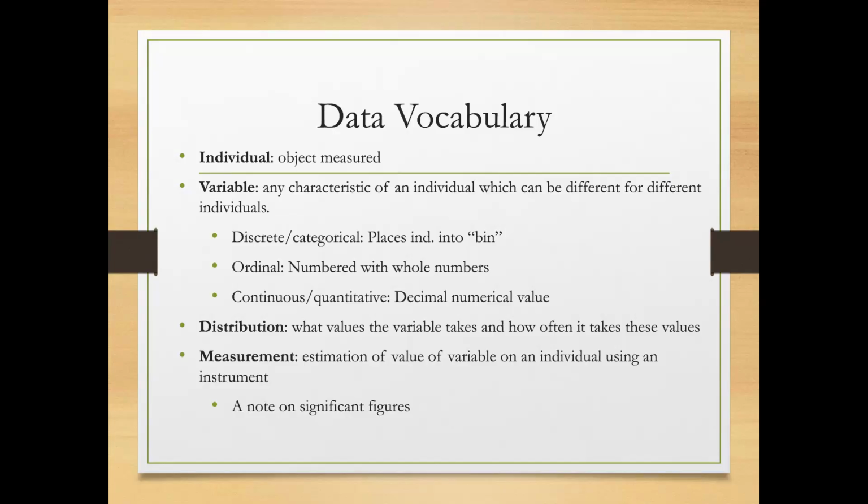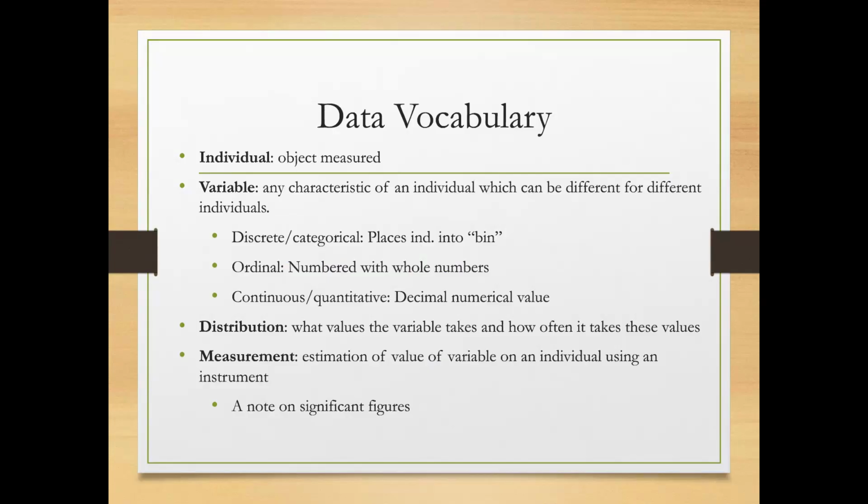And you might have heard of control, right? A control is sort of a special version of a variable. That's the sort of no treatment, right? But what we're measuring, whatever it is we're looking at, our individual, if we're looking at something where there's only a handful of different kinds, like outcomes, we're going to call it a discrete or categorical variable.